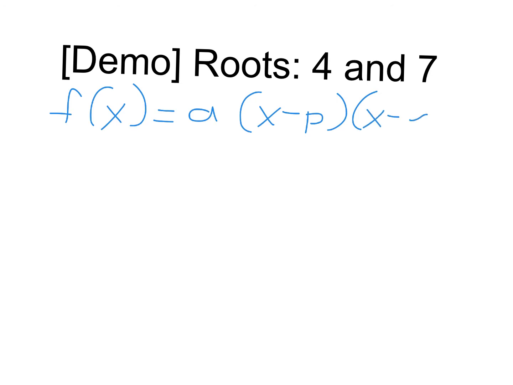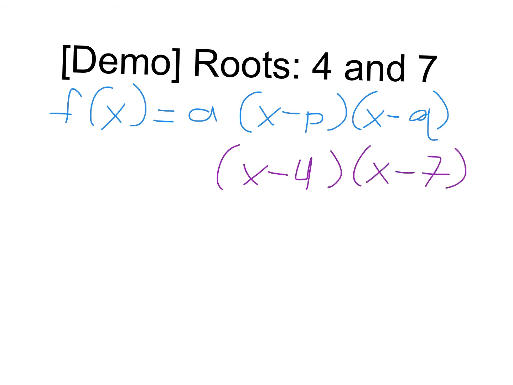You may recall this is our f of x is equal to a, our coefficient, times x minus p times x minus q, where p and q are our two roots. So plug in what we know, and we have our x minus 4 and our x minus 7.